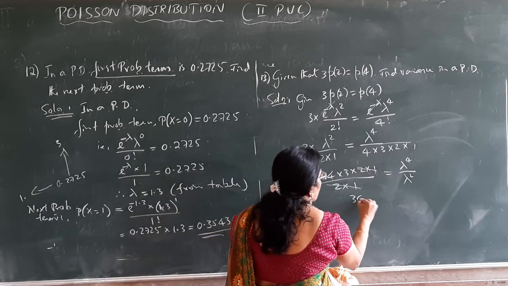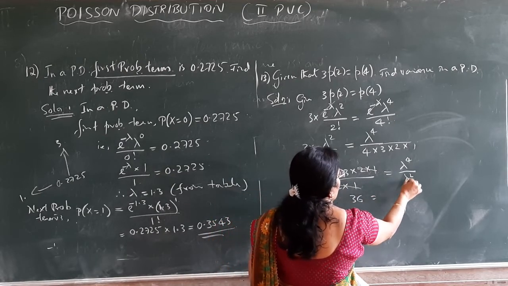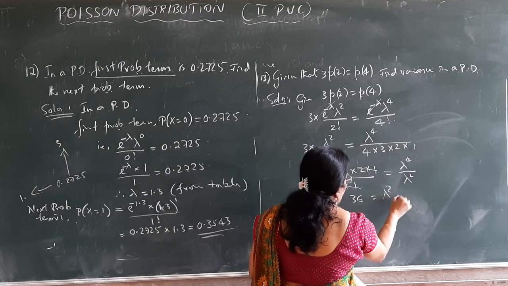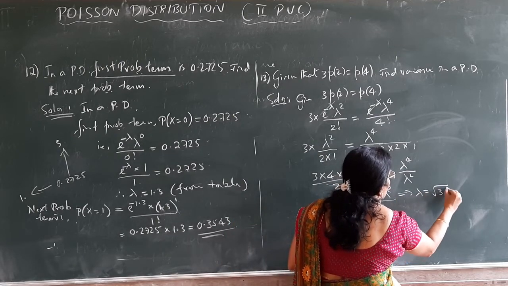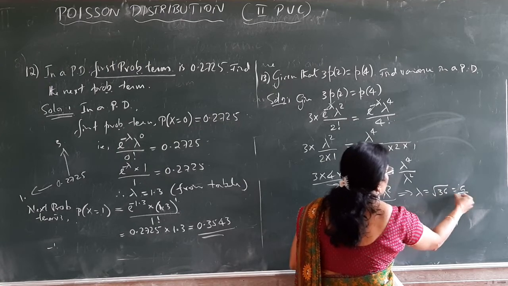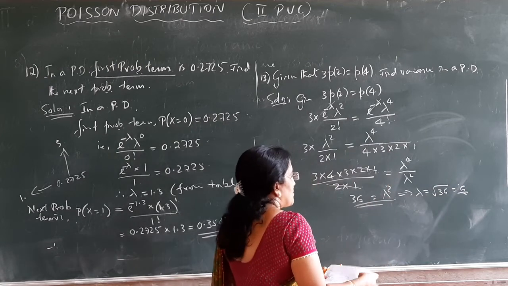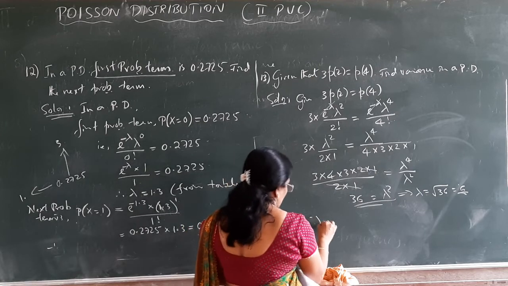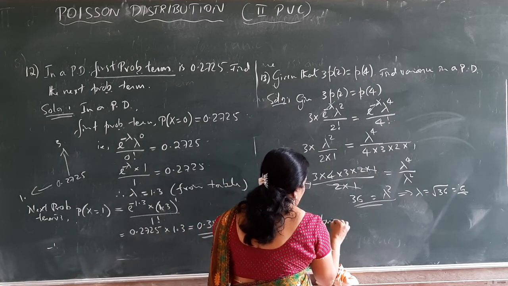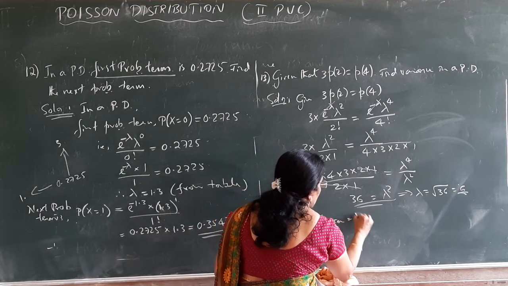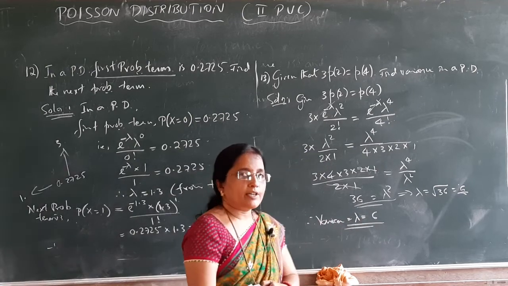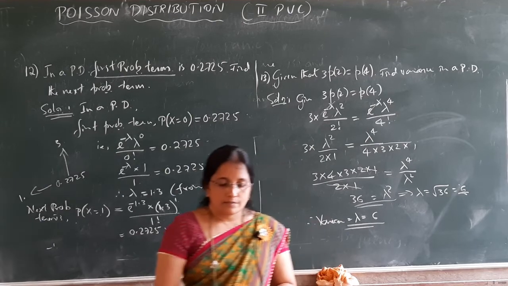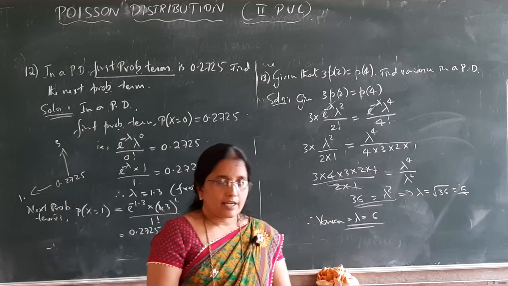This is 36, and lambda power 4 divided by lambda square, you will be getting lambda square, which implies lambda equal to square root of 36, that is 6. So the parameter lambda equal to 6. Therefore, variance is equal to lambda equal to 6. This is how to find the value of variance. Okay, thank you students.